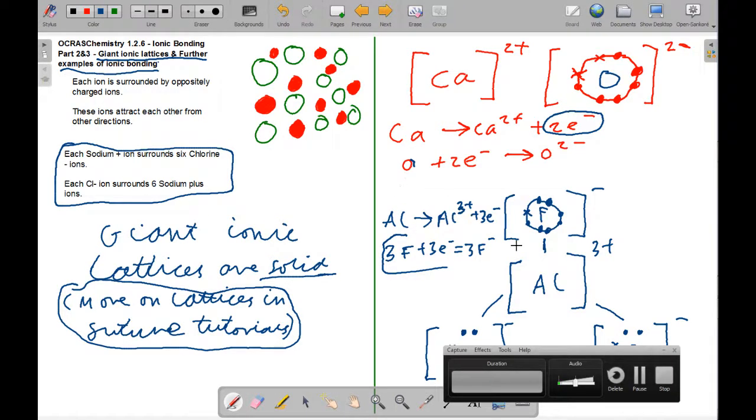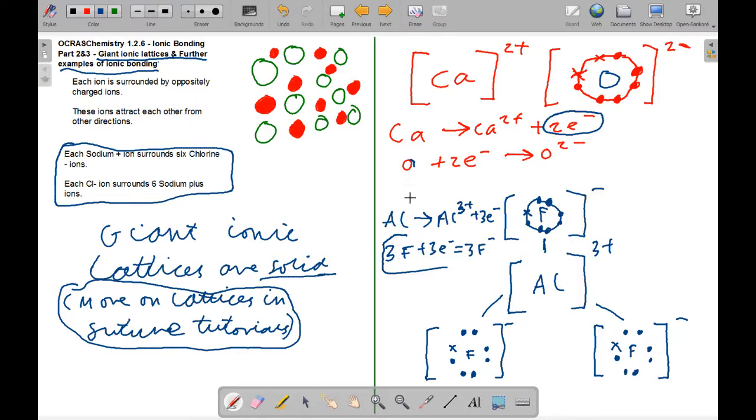Moving on to the fluorine now, we have aluminium 3 plus ions to make 3 fluoride minus ions in the presence of 3 fluorine atoms, and this makes aluminium trifluoride, so it'll be AlF3, and the 3 plus ions and the 3 negative ions make an overall charge of 0.